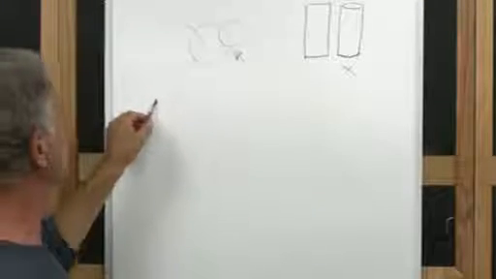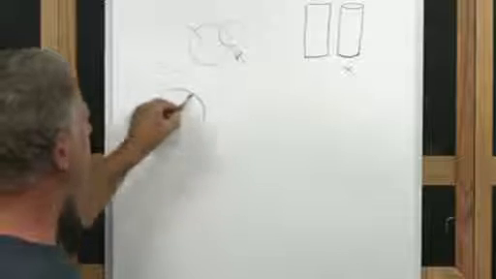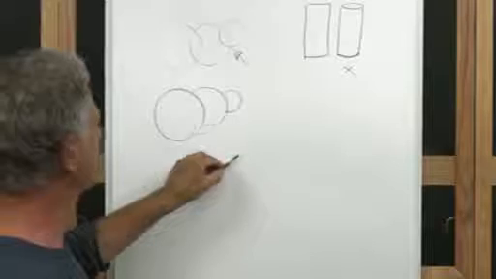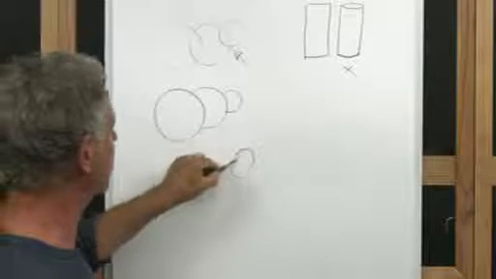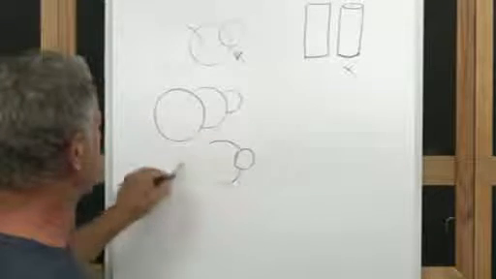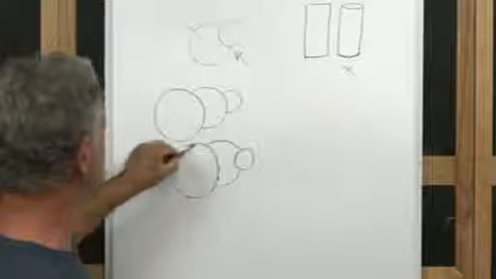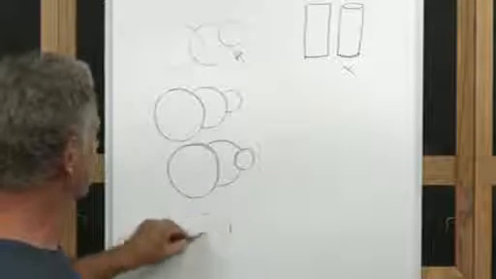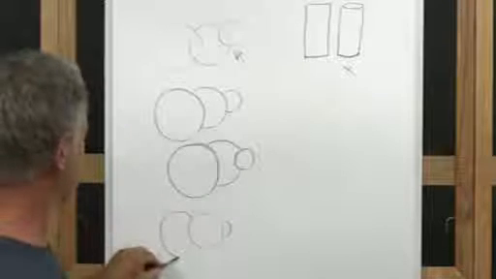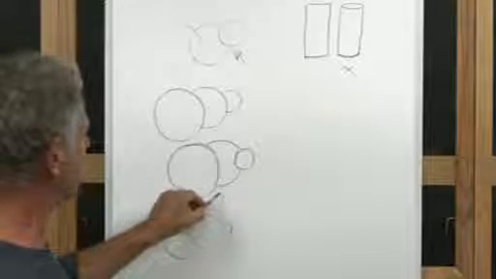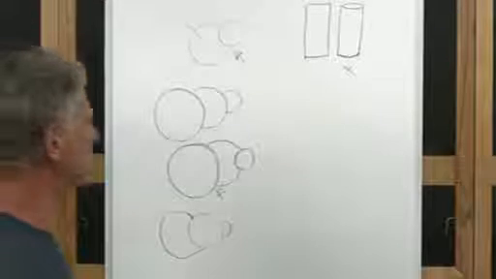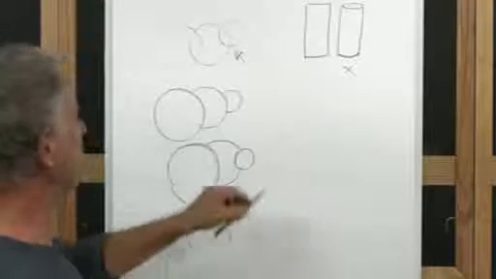The moment we do, we can say this one's in front of this one, and that one's in front of that one. We could have just as easily said this is in front of this one, and this one is still in front of this one. Or we could have said the center one is in front, and the others are behind. It all depends on how we handle the intersections. So once that's understood, I think then we can move on.